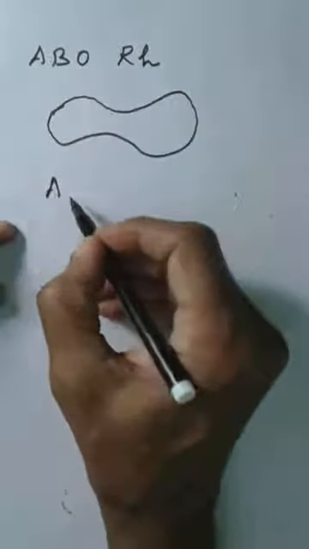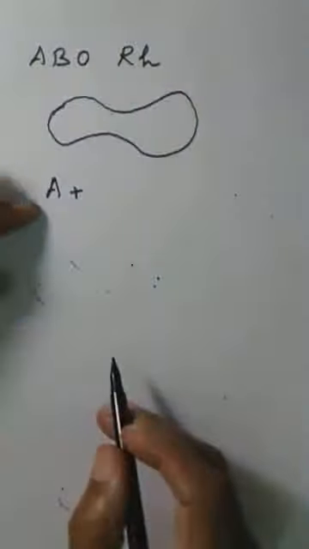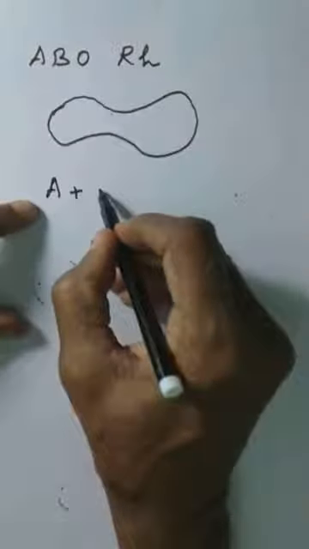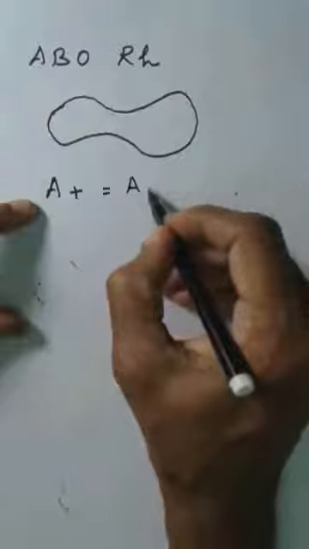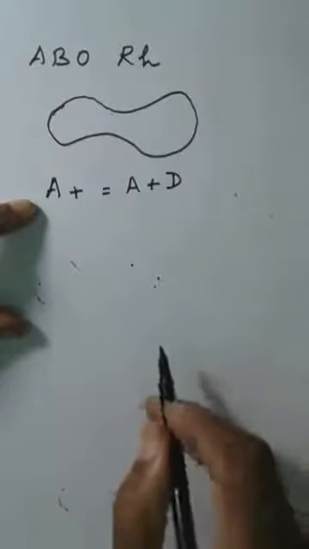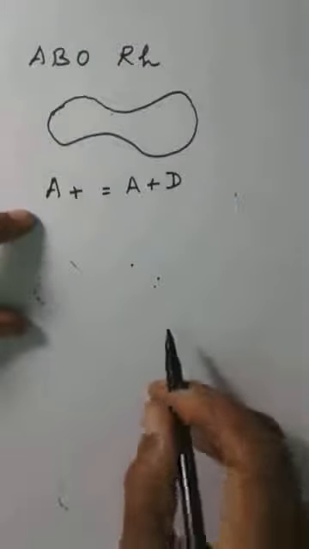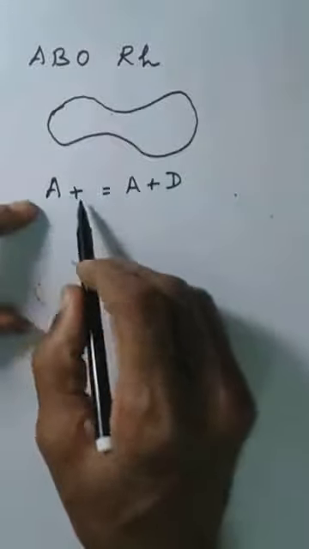So when we say A positive, what does it mean? This means A plus D antigen. That is why it is shown A positive.